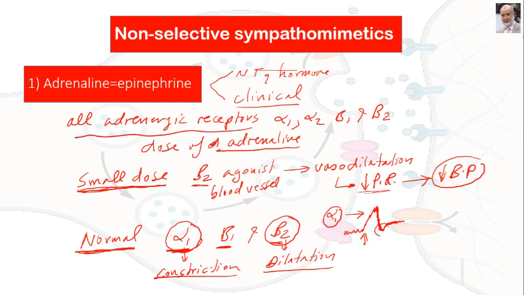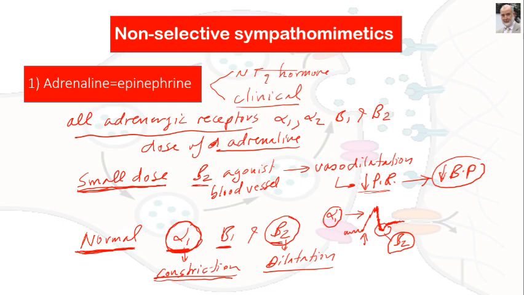This slight decrease is due to beta-2 effect. So adrenaline in a normal dose will act as an agonist on alpha-1 receptors, which produce vasoconstriction, increasing blood pressure, and as well it will act on beta-2 receptors, decreasing blood pressure.